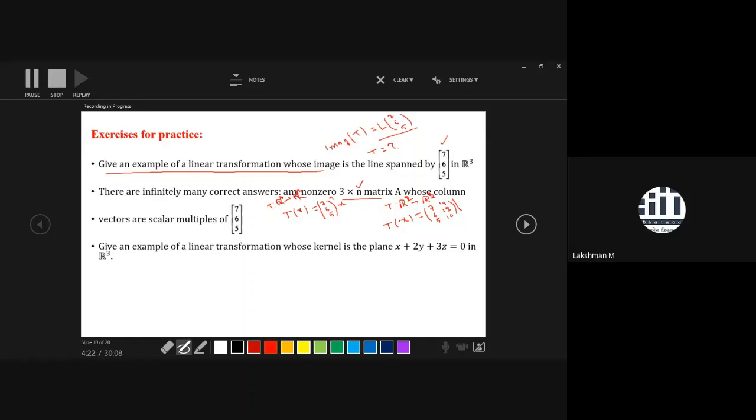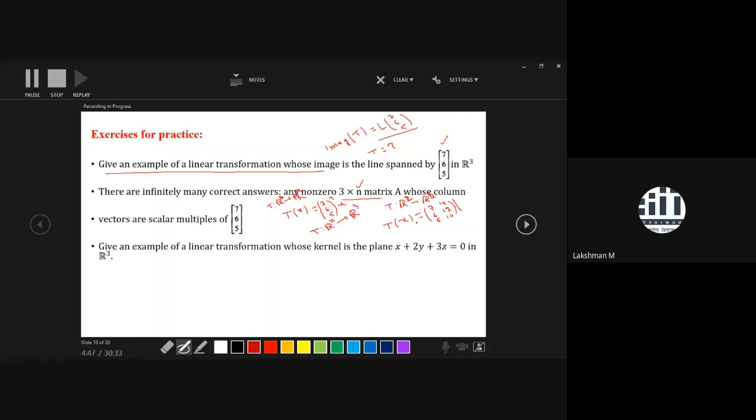The target space would always be R3. So you can put Rn here, whatever domain space you are willing to take. Based on that, you can keep varying your number of columns, and your target space would always be fixed as R3.